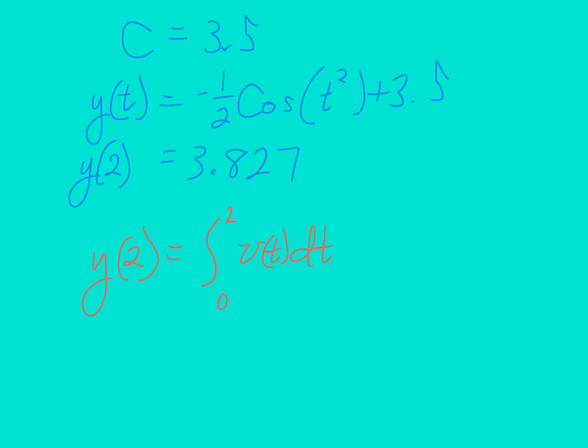Basically, the displacement of the particle. And then we got to do a little bit more because we're told that at time 0 it's already at 3. So we're going to add 3 to that. This is the displacement of the particle over that time interval from 0 to 2, and then where it was at 3 when it started. If you do that whole thing, you're still going to end up at 3.827.